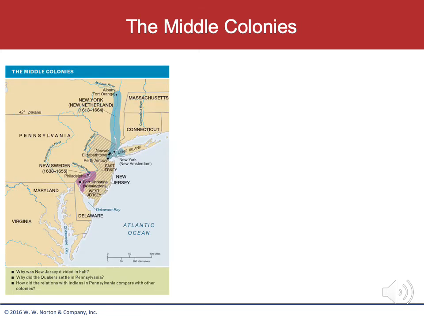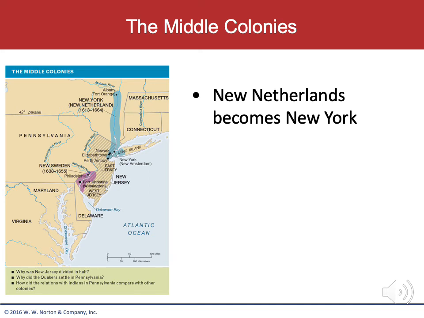So the middle colonies, of course, are really what we call the New Netherlands. And in fact, you'll notice on this map that there's a little section called New Sweden, which starts in the 1630s and goes to 1655. So the Swedish had started a fur trading network, and the Delaware River Valley was the primary area for that.